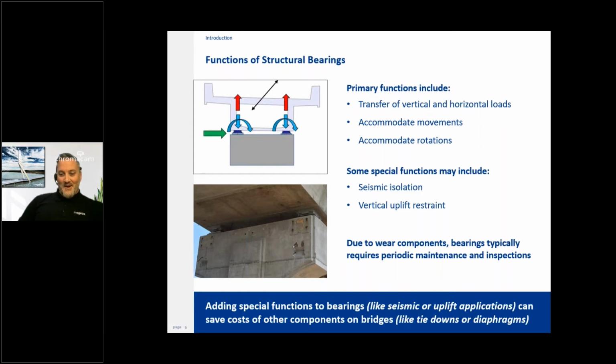As you may be able to guess, these are certainly wear components, so maintenance and inspection is also a crucial part of having bearings on parts of the bridge. And just a note that some of these special functions can reduce the requirement for other specialist pieces, such as tie downs on a given part of the bridge.